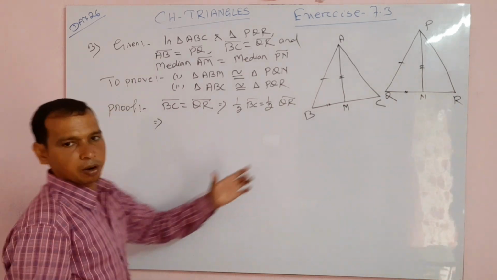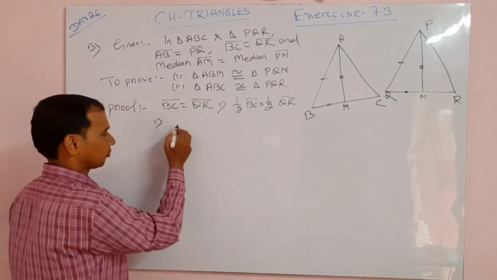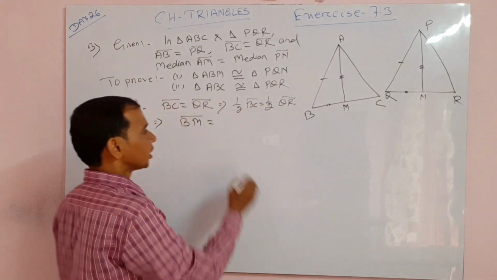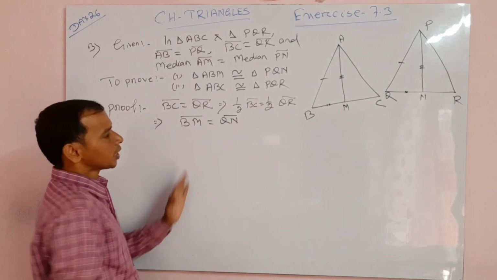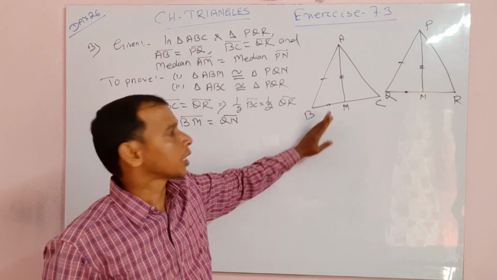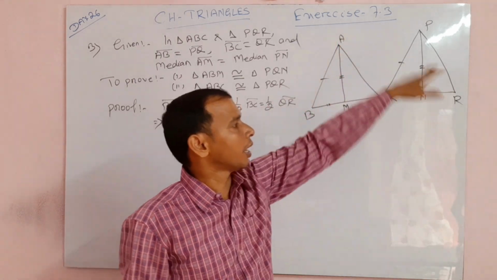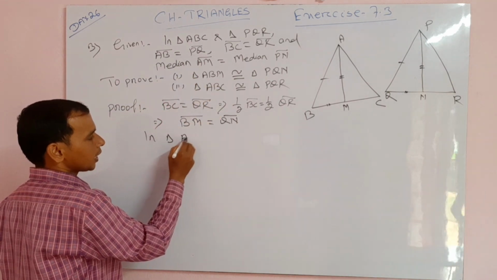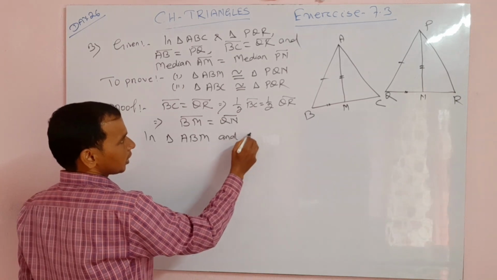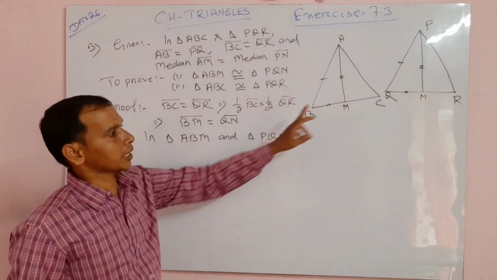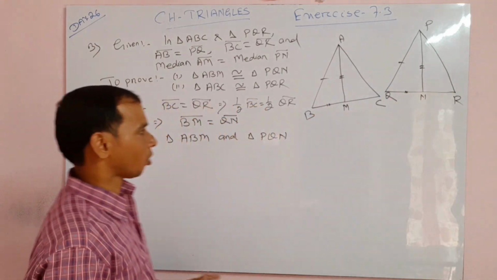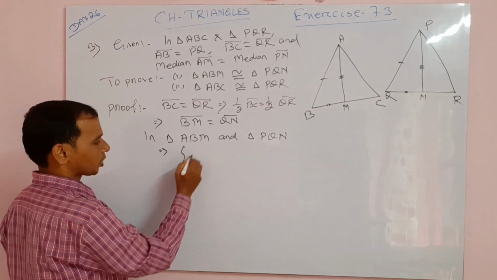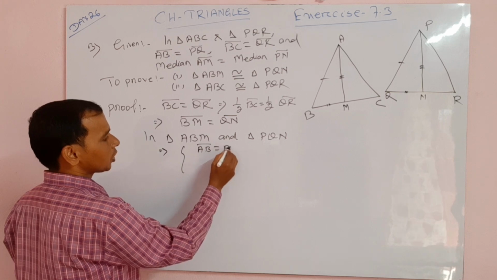Look, in place of half of BC, you take here BM. This one BM is equal with half of QR, that is, here QN. Understand this? BM equal to QN. Now you take here two triangles, ABM and PQN. In triangle ABM and triangle PQN, first option AB is equal with PQ.